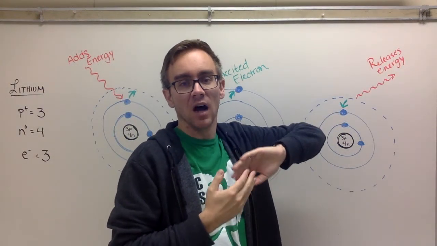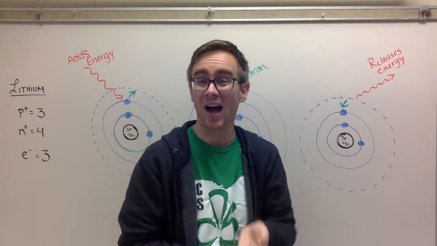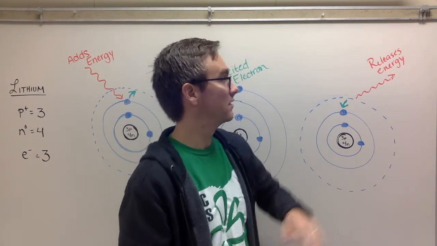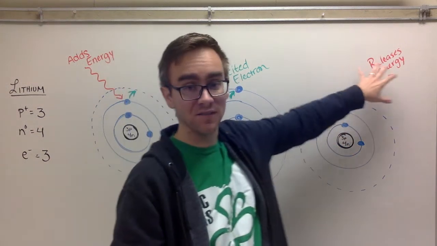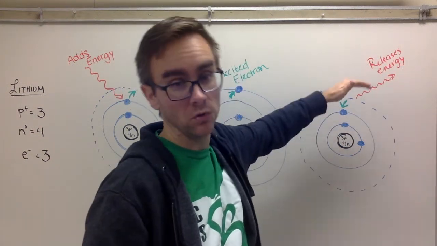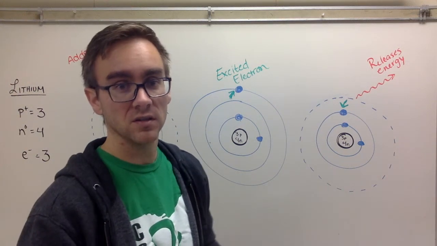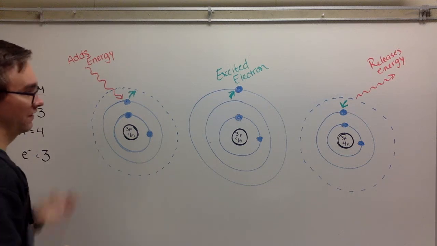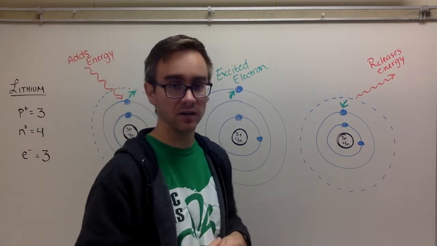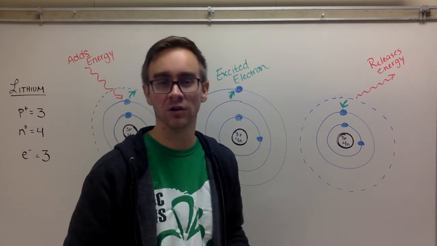So the colors like blues and purples, those are higher energy colors. If it jumped down 2 or 3 energy levels, it's more likely to release that higher energy. If it's maybe just 1 energy level, it's more likely to be a red or an orange in fireworks.